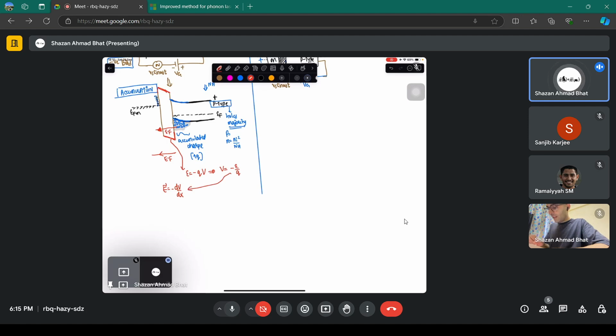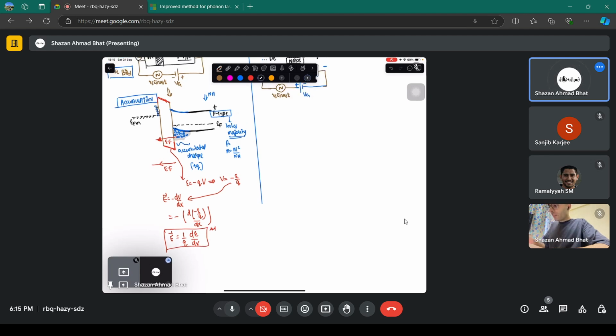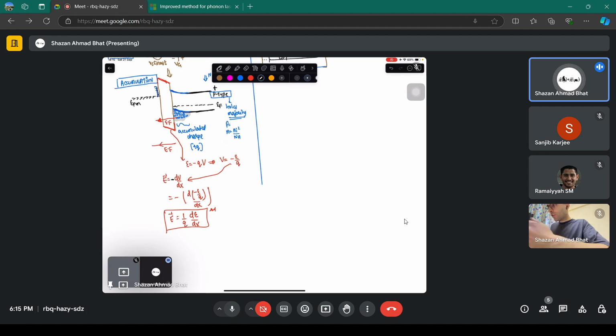You substitute this here, you get dE by dx times 1 over q. What does it indicate is that this negative sign here indicates that in the direction of the field, the potential reduces.